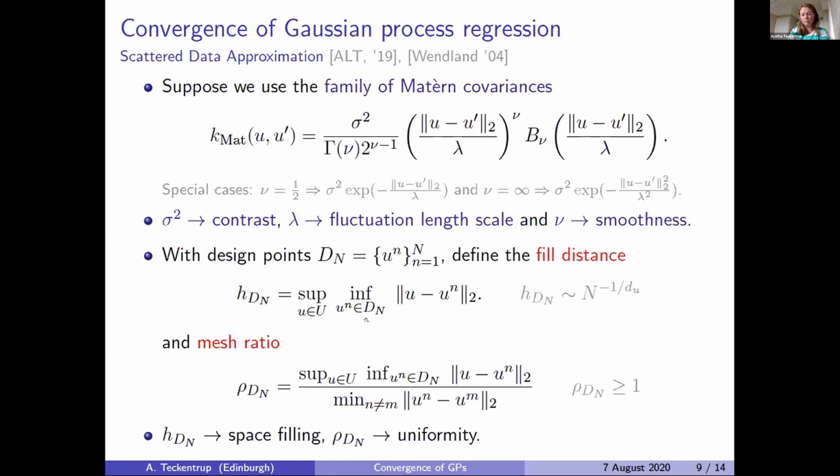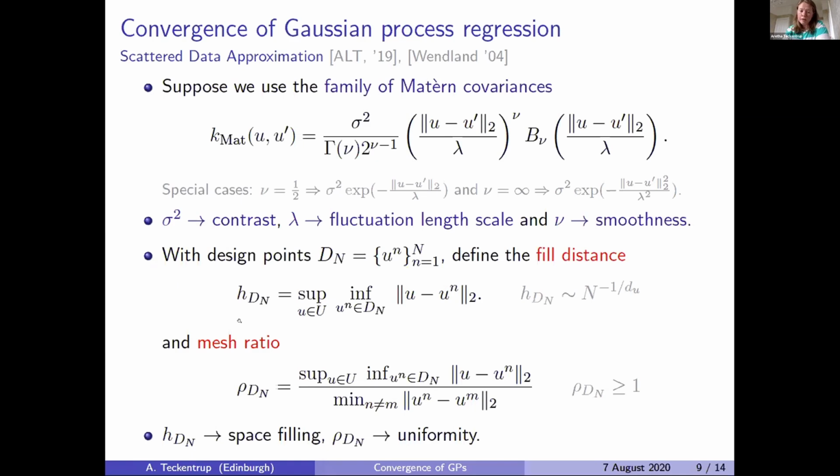You look at the supremum over all points in your domain U, and then the infimum over all design points, and then you take the distance. So the fill distance measures how space filling your design D_n is. You can interpret it as the radius of the largest ball that you can fit in U which does not contain any of the design points. So if h is small, then your design D_n is quite space filling, and it measures how well you cover all of U.